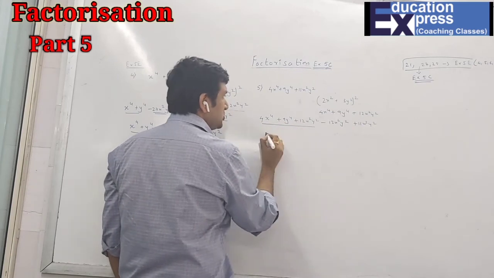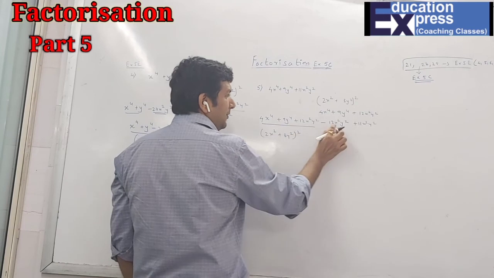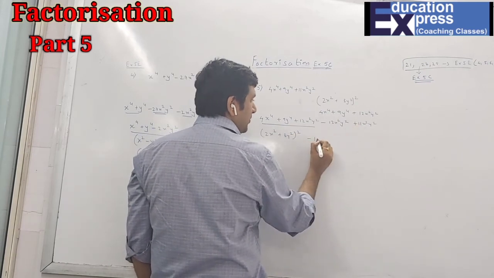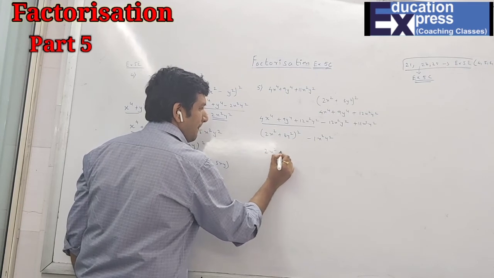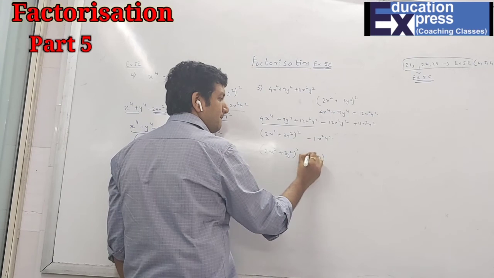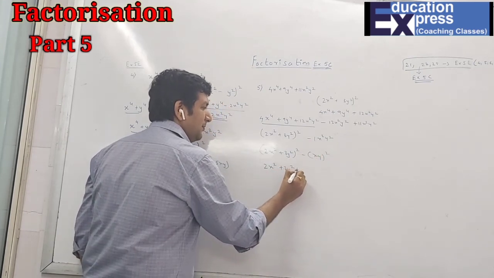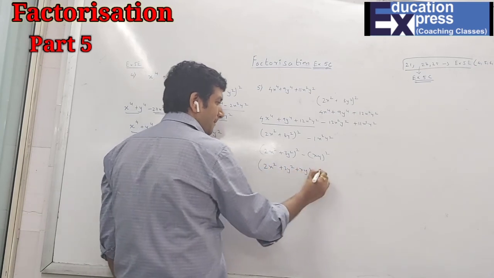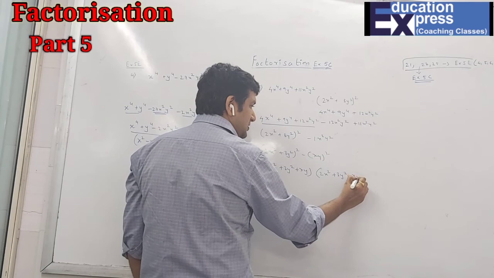So this whole thing is the square for 2x square, 3y square, whole square, and minus 12 plus 11 is minus 1x square y square. So we got it. So (2x square plus 3y square plus xy)(2x square plus 3y square minus xy).